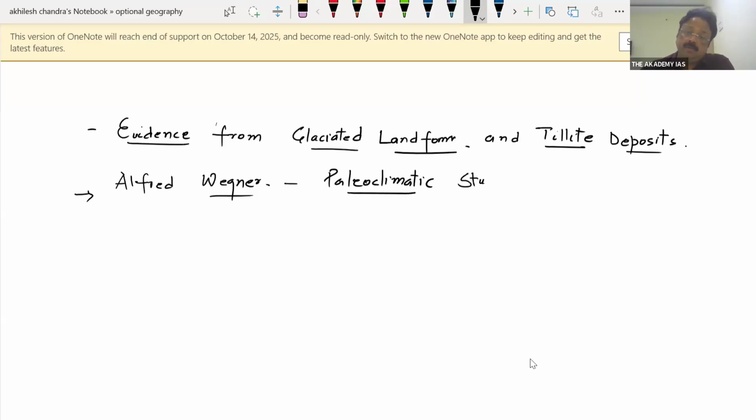And he found out that there was a Karoo glaciation that took place on the entire Gondwana.